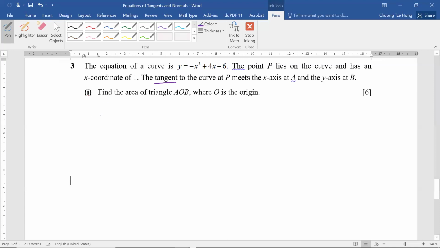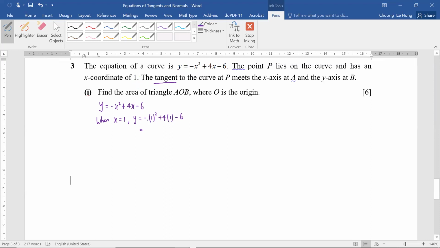So let's start our working. y equals negative x squared plus 4x minus 6. When x equals 1, because the x coordinate of the point P is 1, y is going to be negative 1 squared plus 4 times 1 minus 6.